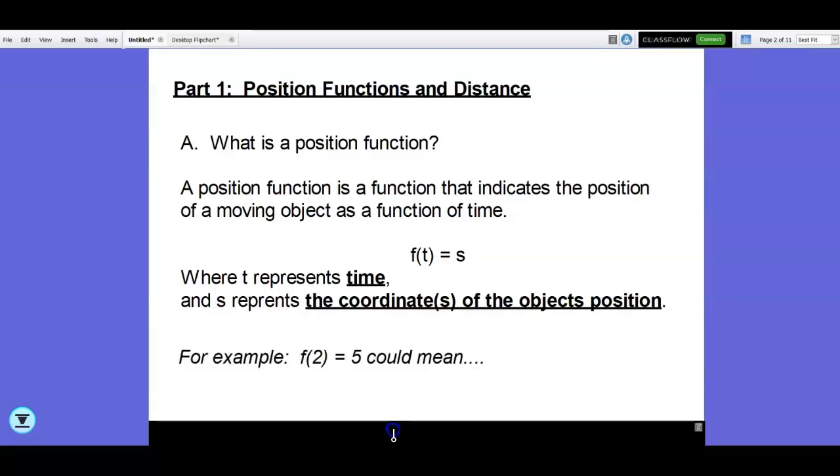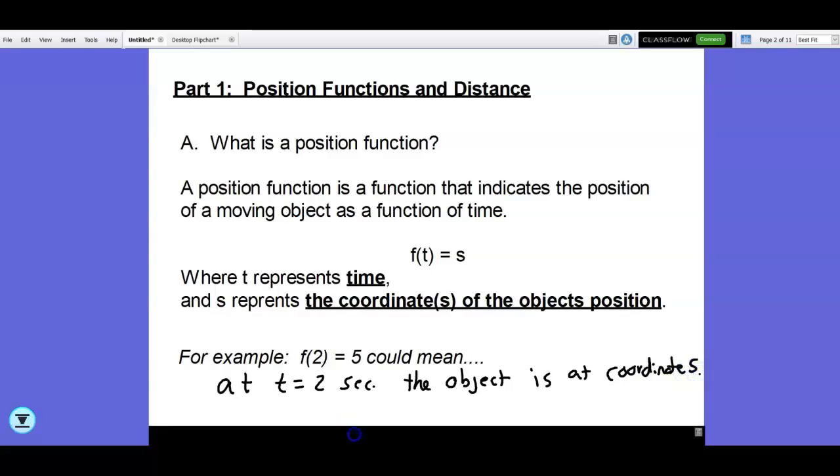Okay, so for example, if I told you we have f of 2 equals 5, that could possibly mean that at t equals 2 seconds, the object is at coordinate 5.